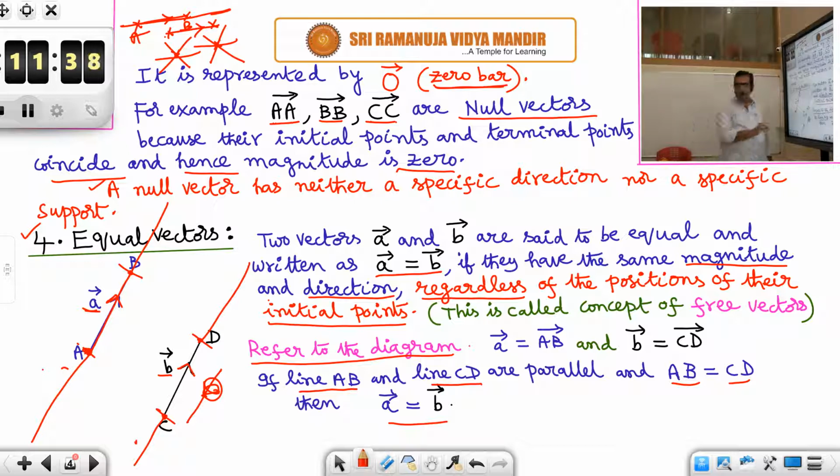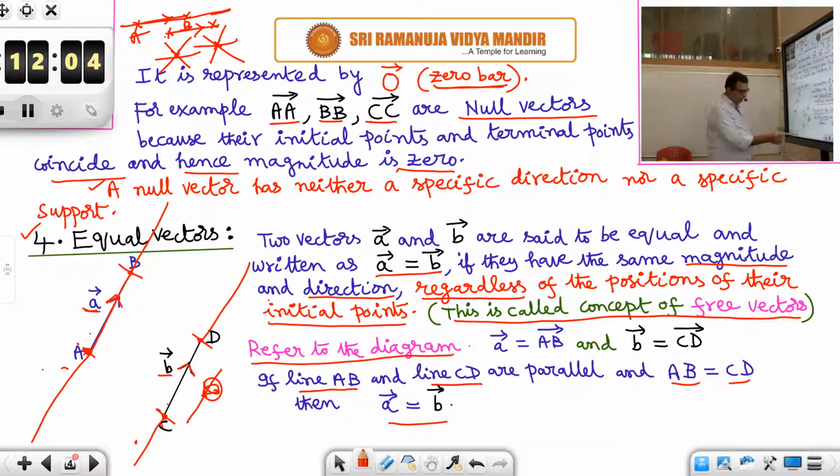Even though the initial points are different, we say that the two vectors are equal. So this is a very, very important concept, and this is called the concept of free vectors. That means a vector can be shifted in space to any position parallel to its direction.